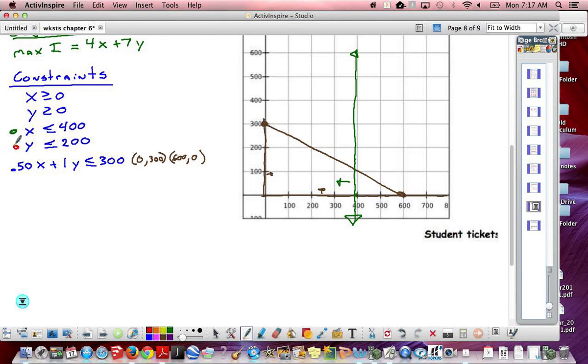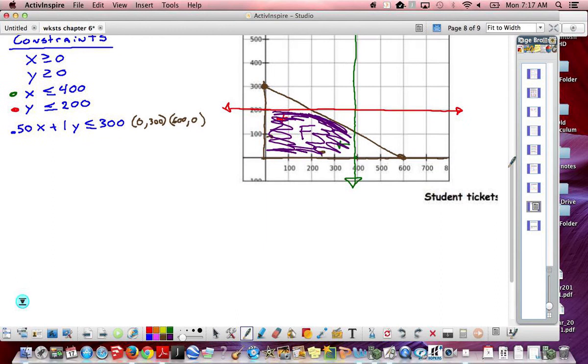Likewise, when I graph this one right here, y equals 200, I get a horizontal line at 200, and it has to be less than that. It cuts off that little piece of the triangle. Now, all of a sudden, here's my feasible region. So now, I need to find my corner points.